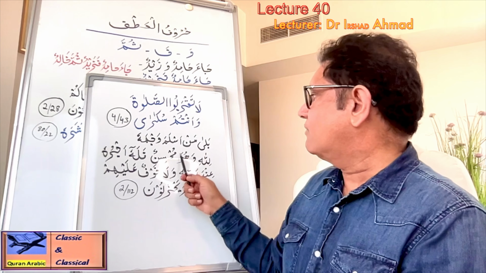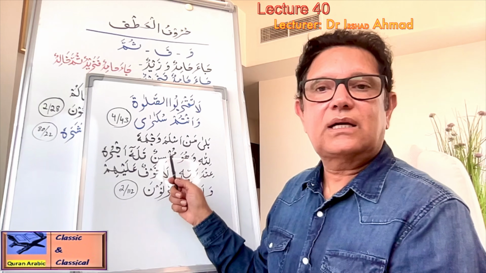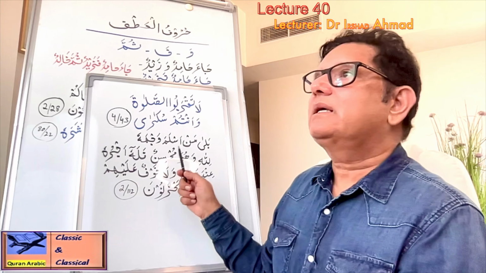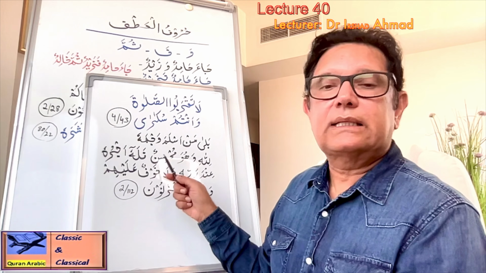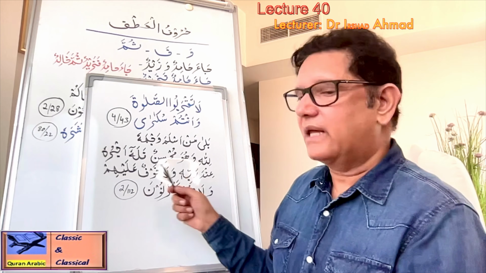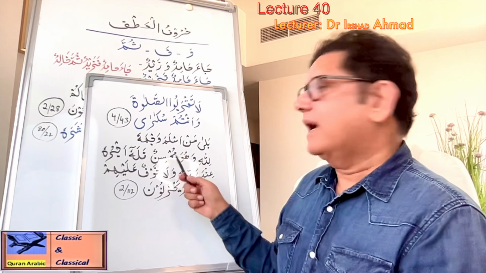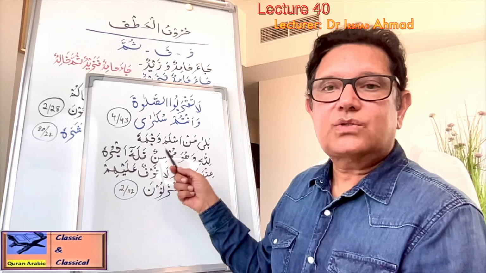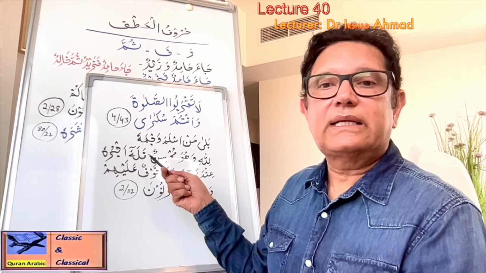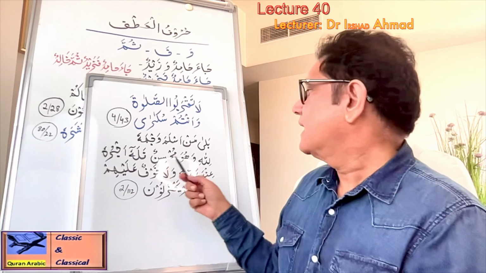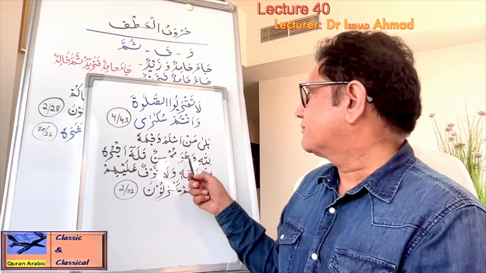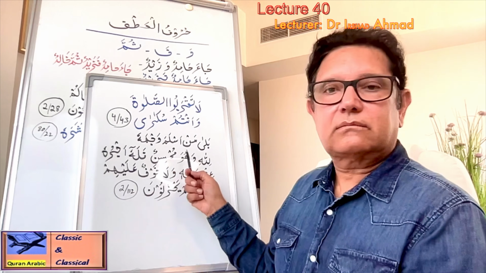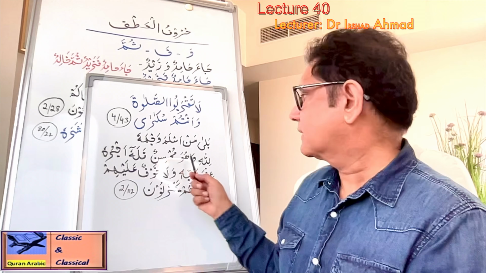Outside this we will say huwa muhsinun, he is muhsin, he is doer of good deeds. Ihsan is another word from the same source, which means the action of doing good deeds. So, he is muhsin, he is doer of good deeds.